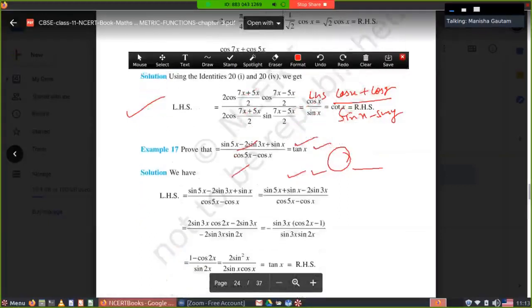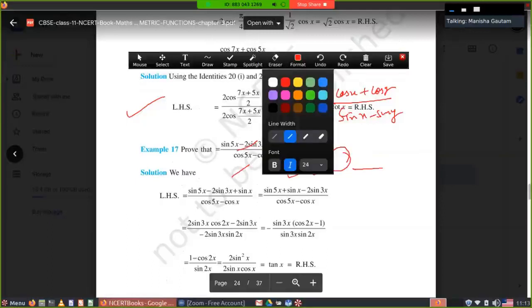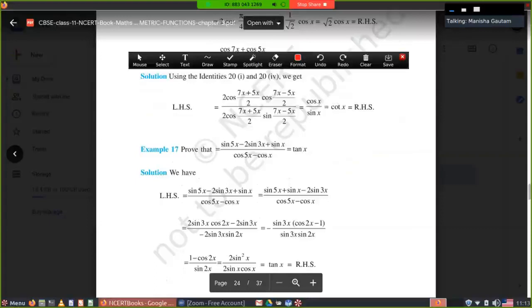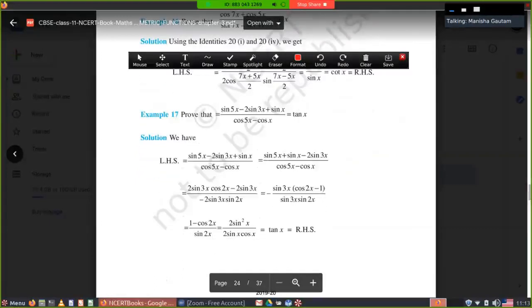Now come to example number 17. First, we have to arrange the statement in the numerator. Take the left hand side, write the statement, and rearrange the terms. Sin 5x and sin x taken together, and minus 2 sin 3x right after these two.